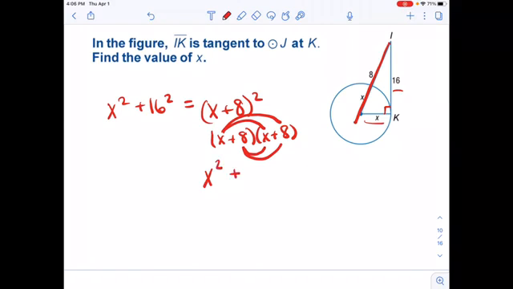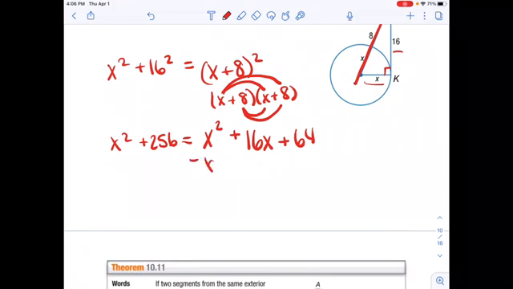I have X squared. My 2 middle terms will combine, 8x plus 8x, and give me 16x, and then plus 64. And then I solve just like the other one.